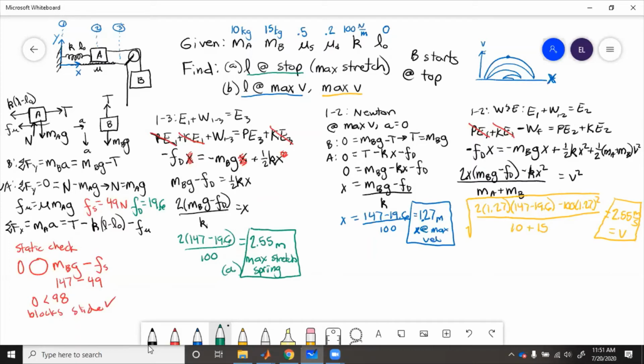So to solve this problem, we found free body diagrams, assigned a coordinate frame, and figured out if the blocks move by the static check. We wrote our force equations, our energy equations, and solved for the unknowns.